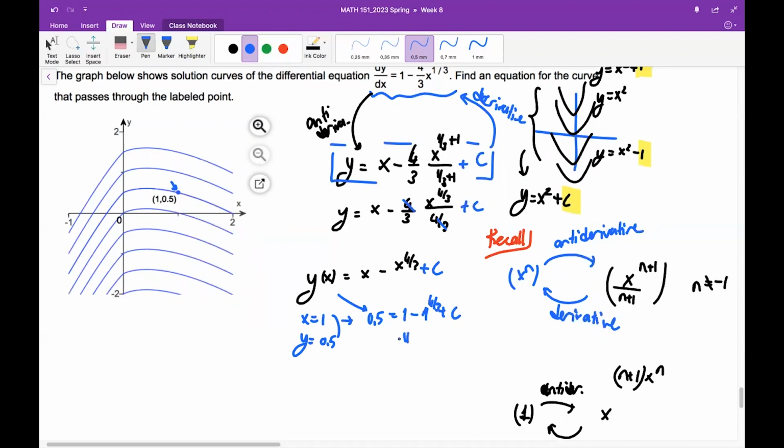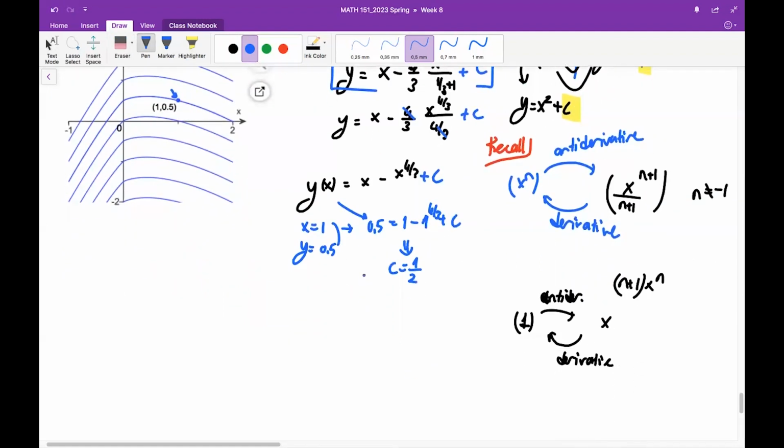You see from this equation, c can be solved as 0.5, or let's say 1/2. Of course. Then you can find the original function by solving for the arbitrary constant c.